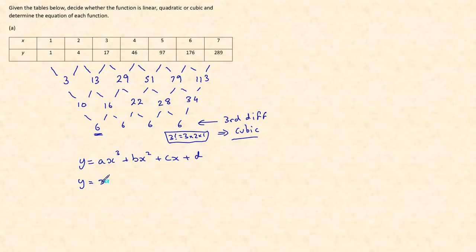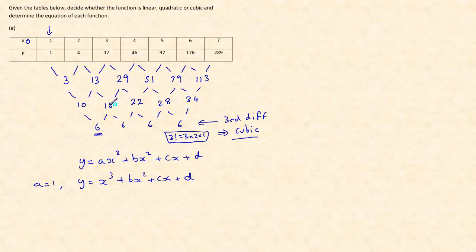So therefore we have x cubed, let's just put over here that a is 1. So x cubed plus bx squared plus cx plus d. We can find the d from our table, especially in this case because the x's go down to 1. D will be the y-intercept, remember, so that's when x is 0.